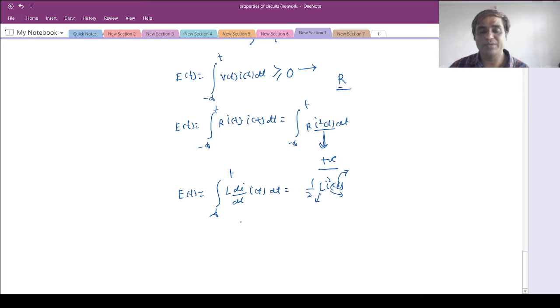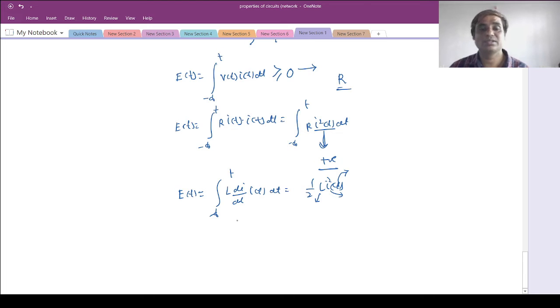Thus inductor and capacitor cannot deliver energy to other elements indefinitely, whereas independent voltage sources and current sources will be delivering energy for any duration.